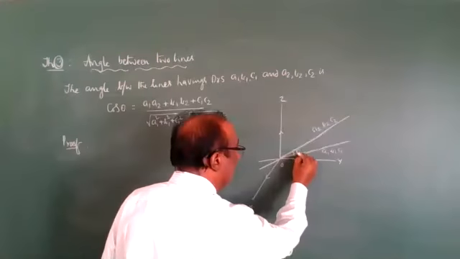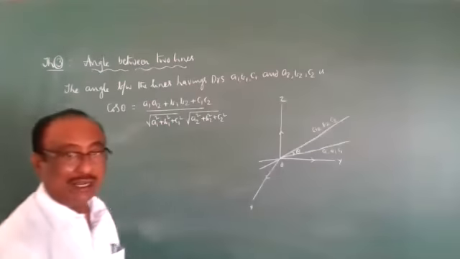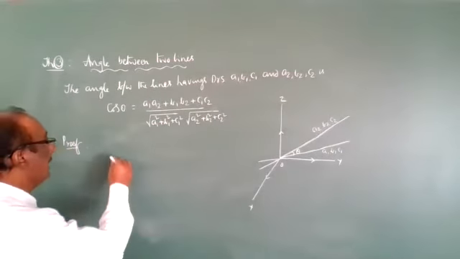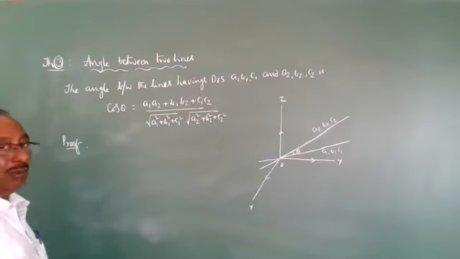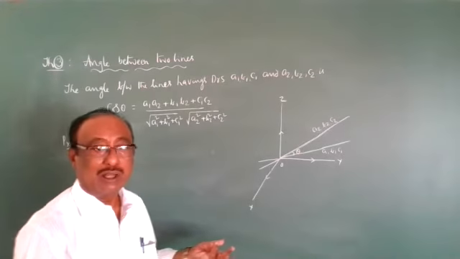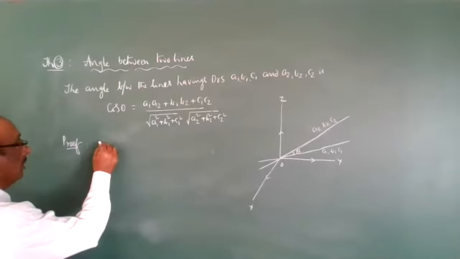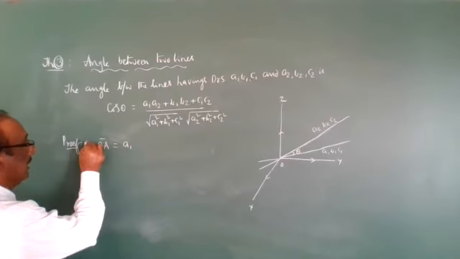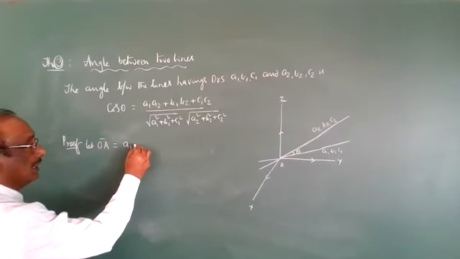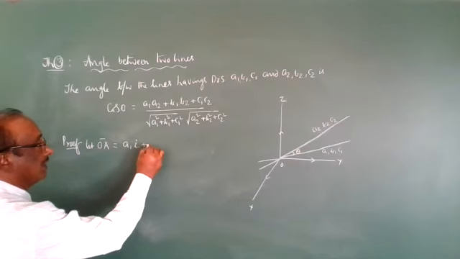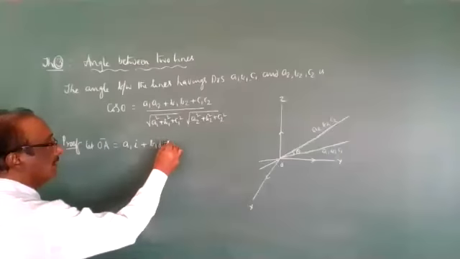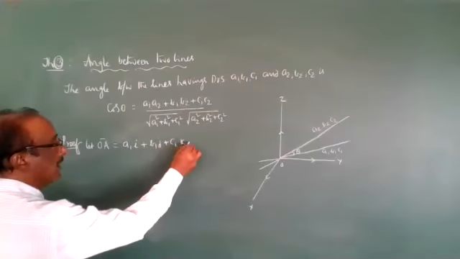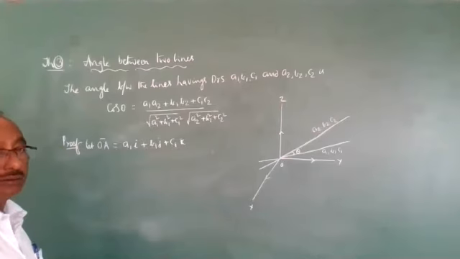Then the two lines have the angle theta. DRs are the components of the vectors. So OA bar is the one line: let OA bar be equal to a1 i plus b1 j plus c1 k, the DRs as components of i j k.